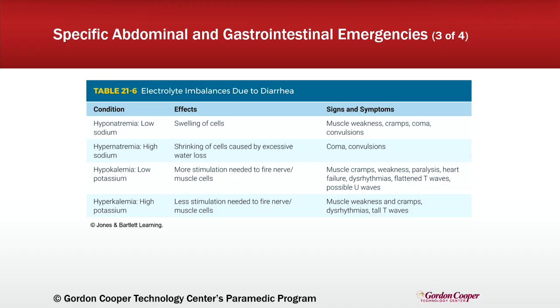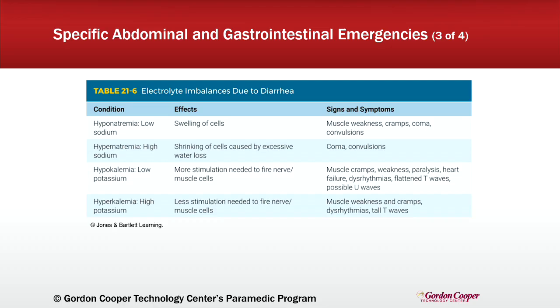Electrolyte imbalances due to diarrhea can affect several different things, and this table kind of shows what those things can do. So low sodium is going to cause swelling of the cells, and hypokalemia is going to cause more stimulation for that particular nerve to respond. So if it's a cardiac cell, it's going to take more of an impulse in order to get that cell to respond.